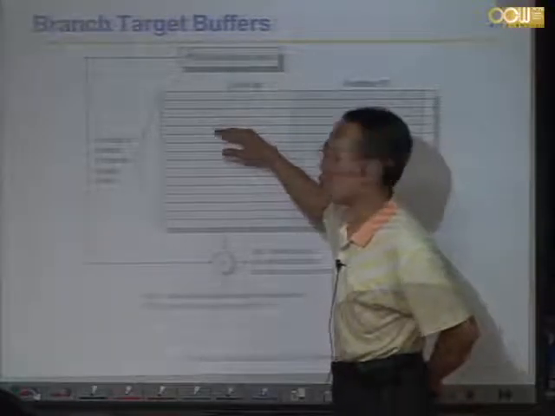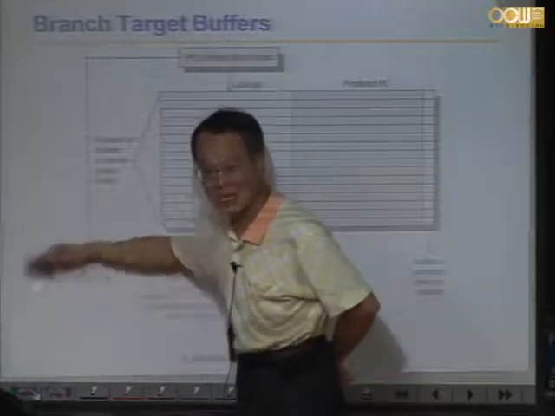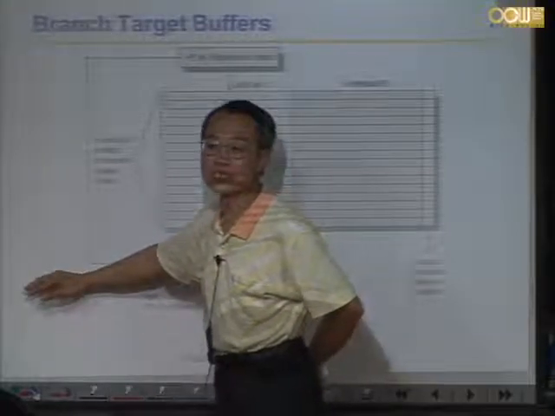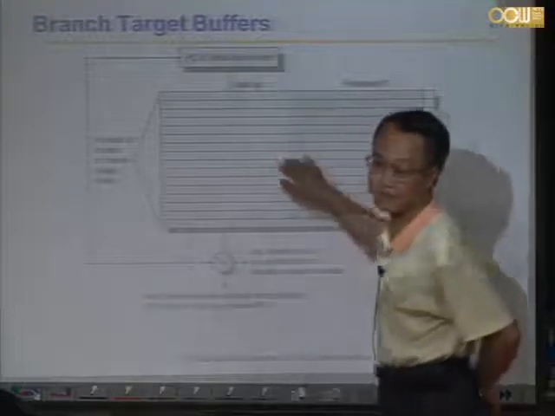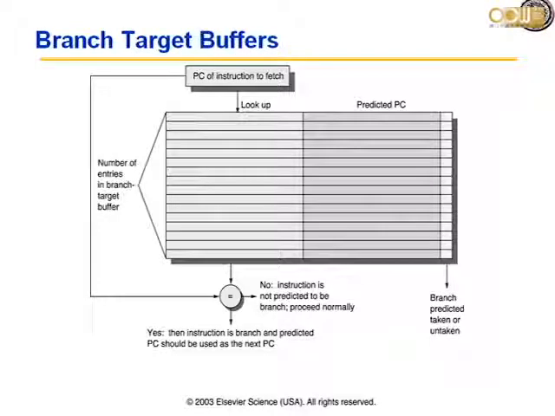How can you do that with a shared data structure shared by all the branches, and the number of branches may be infinite? The only way to do it is to keep a tag for that target. It's just like in the cache. In the cache, the space is never sufficient. If there are sufficient locations in a cache, then this cache will become useless. It's good simply because it's small enough. So we need to have a tag.